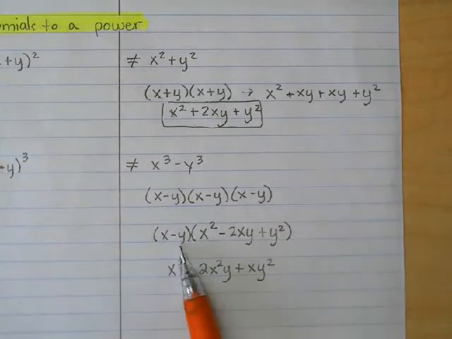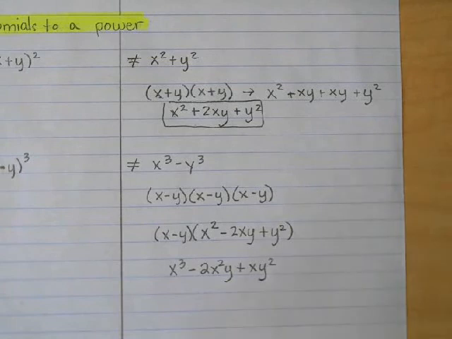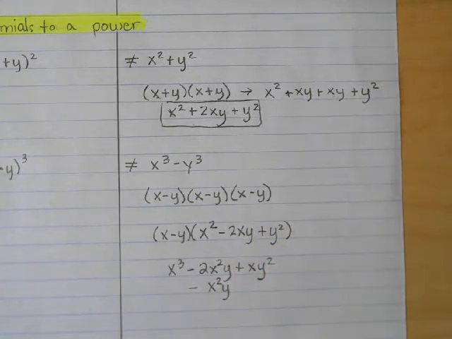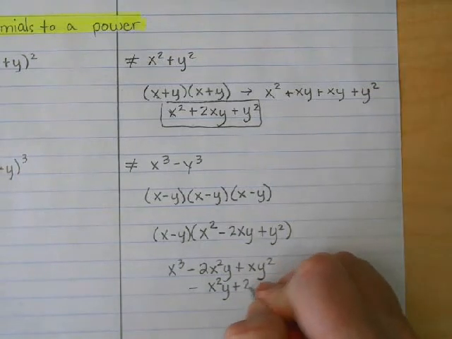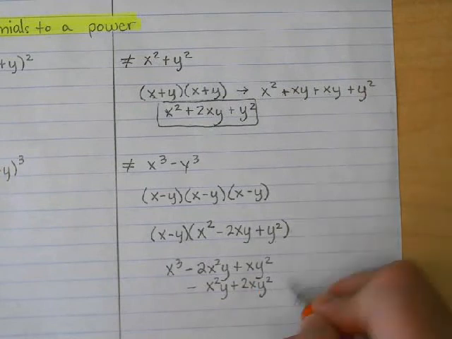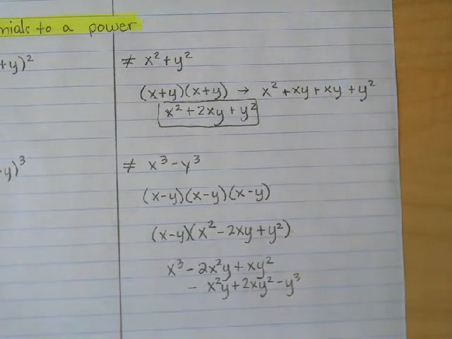Okay, so a negative y times x squared would be negative x squared y. A negative y times a negative 2xy would be a positive 2xy squared. Okay, a negative y times a positive y squared is a negative y cubed.